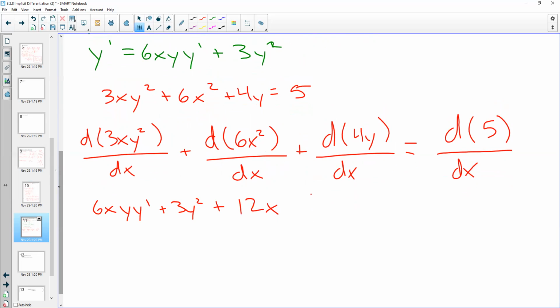And remember, when we differentiate x, we do not need to include the dx over dx. So plus the derivative of 4y will just be 4 multiplied by y prime is equal to 0. What's our next step?